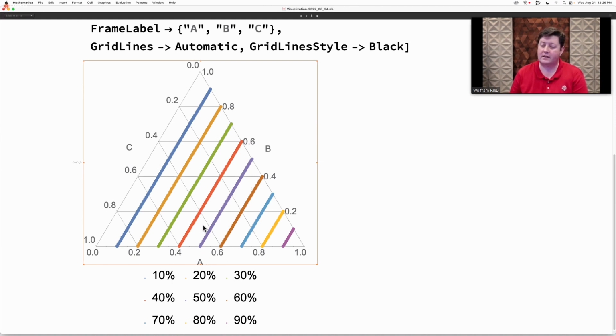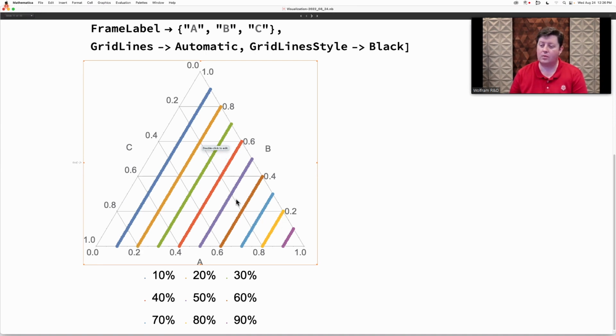The grid lines going from the top left edge of the triangle down to the right correspond to C, and the horizontal grid lines correspond to the B values. So if I was to pick this point, then this is 60% B and 20% C and 20% A.